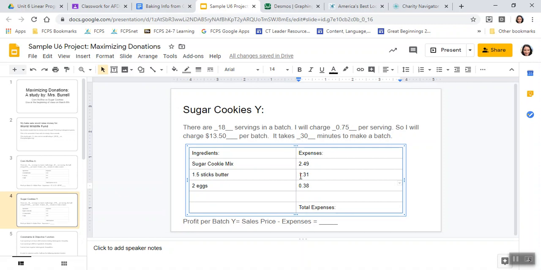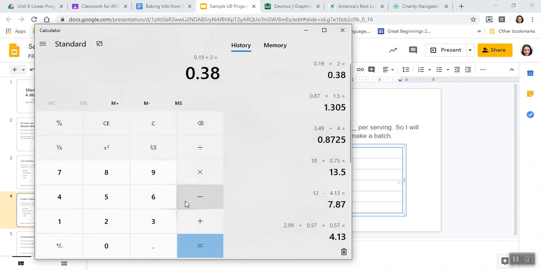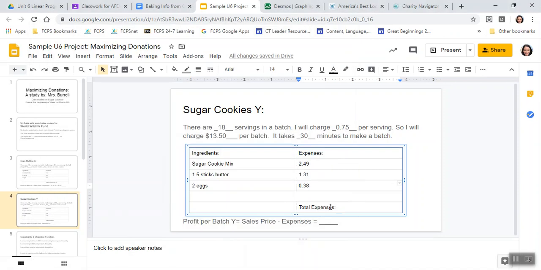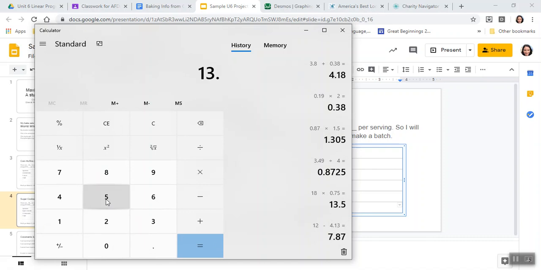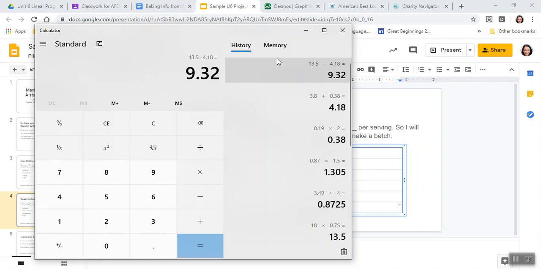So this one plus this one, nope, that's $3.80. 3.80 plus 38. $4.18. Okay, so my profit is going to be $13.50 minus $4.18. $9.32.